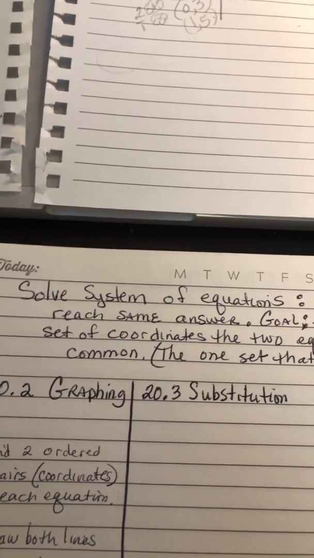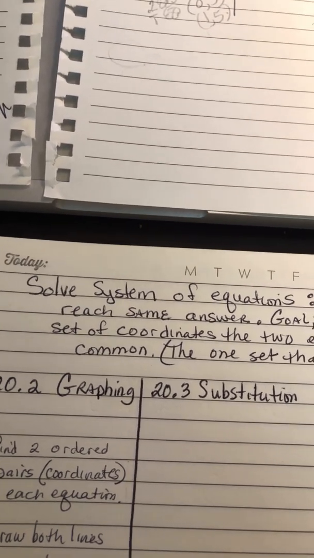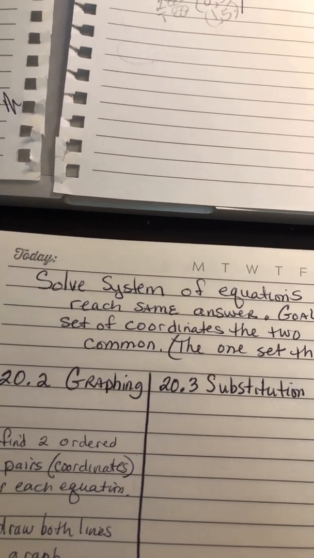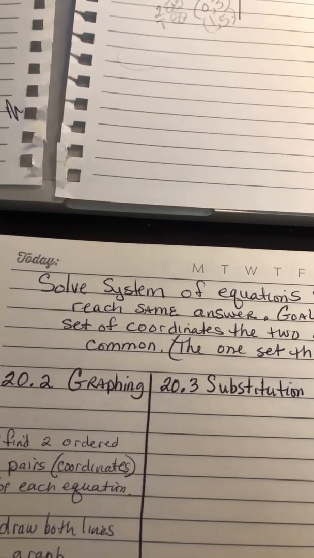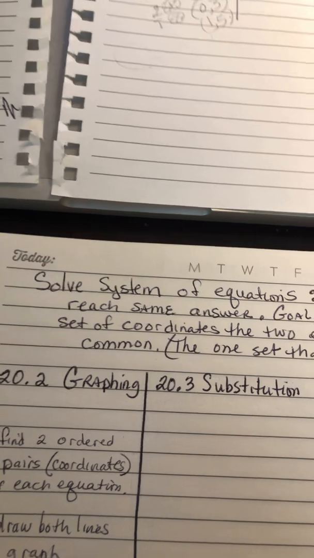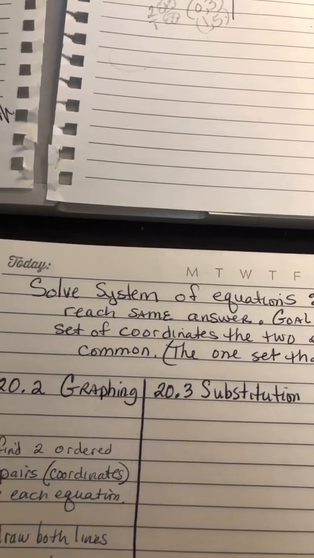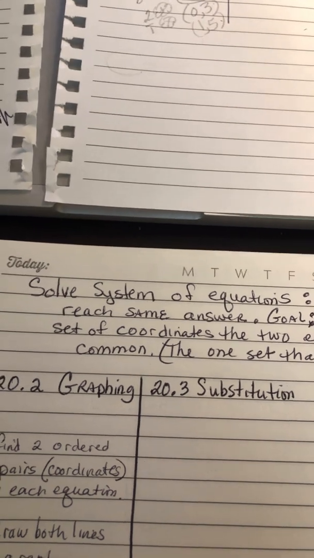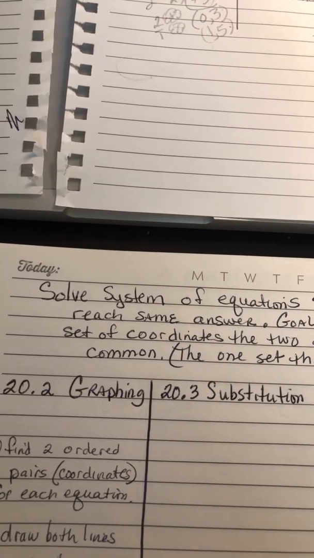And that spot, whatever the coordinates are for it, is the solution to the system, meaning that set of coordinates, x and y, if you use those numbers in both of the equations that you're given, they work mathematically. They give us true statements.